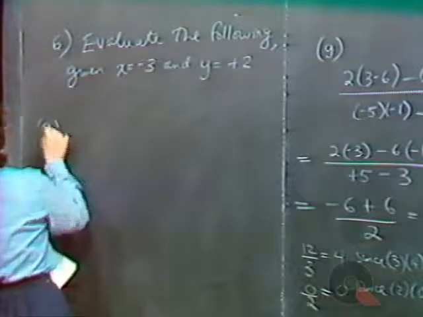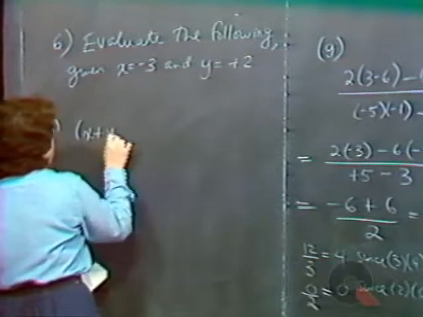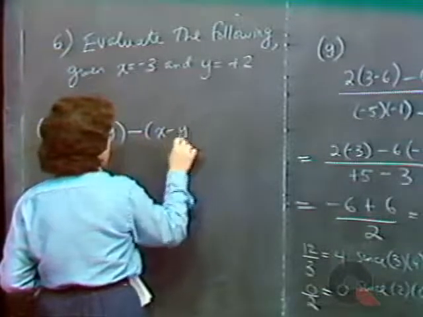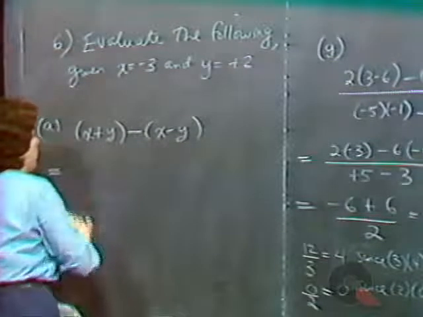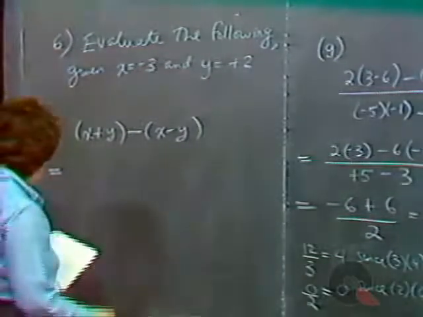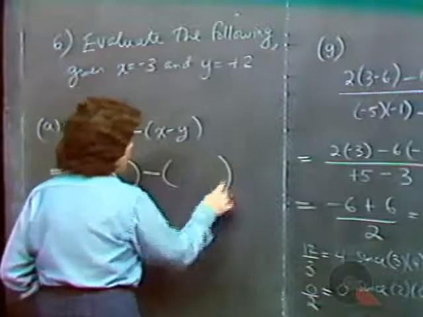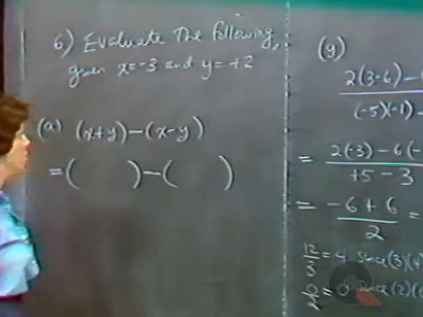The first thing I want you to evaluate is x plus y minus, in parentheses, x minus y. What I'm going to do is substitute in for all the x's minus 3 and for all the y's plus 2.